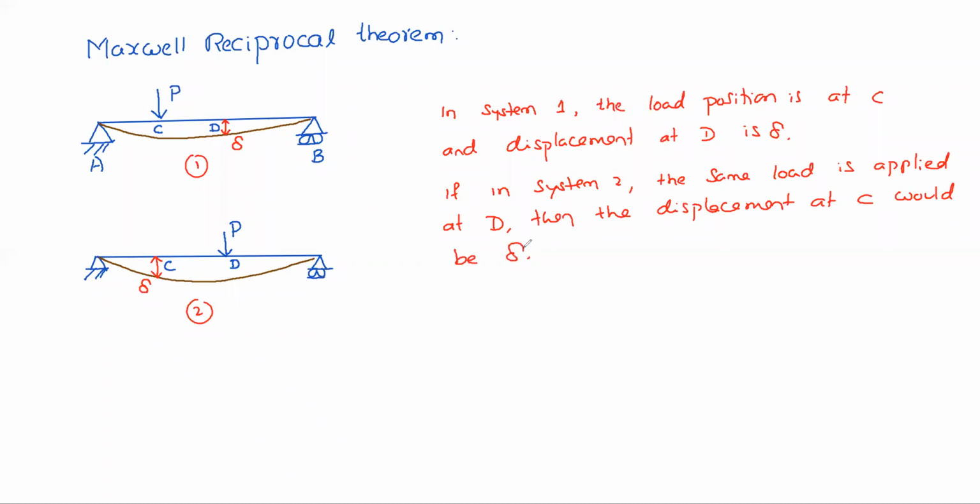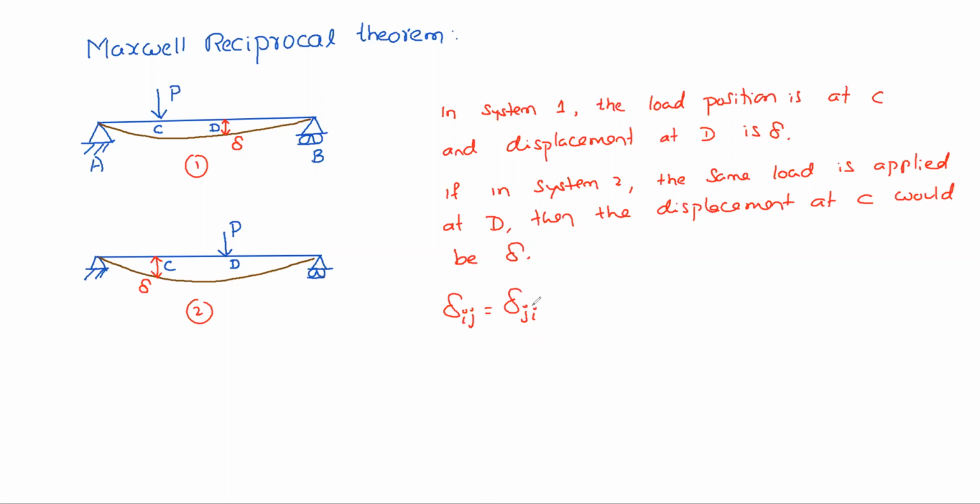Maxwell reciprocal theorem. Based on this only, K12 equal to K21 or Kij equal to Kji. Instead of K, actually delta we can use: delta ij equal to delta ji.